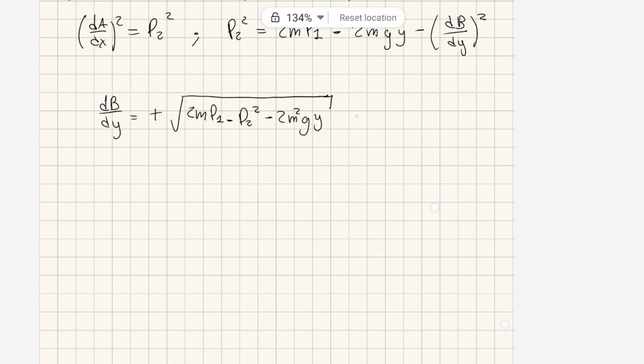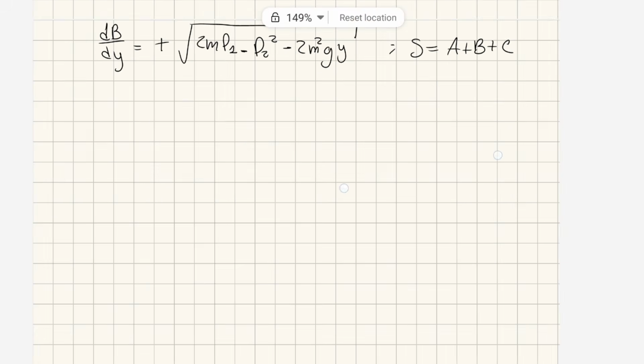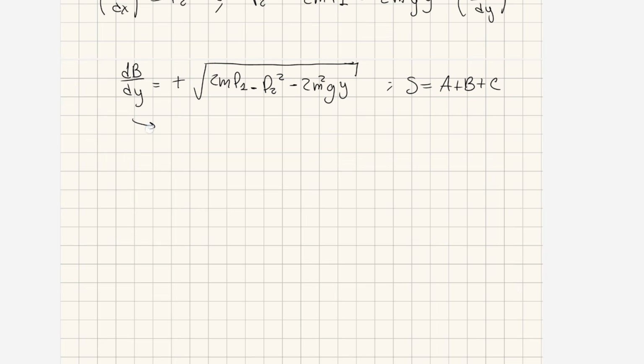If we remember, the solution proposed was a plus b plus c. So that means, let me establish that b is equal to the integral of the square root of 2m p1 minus p2 squared minus 2m squared gy dy.